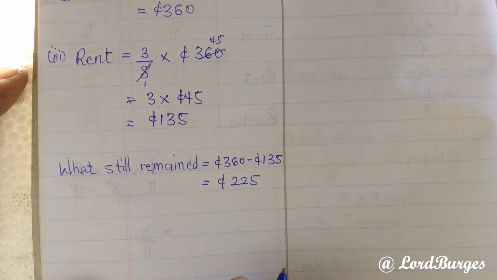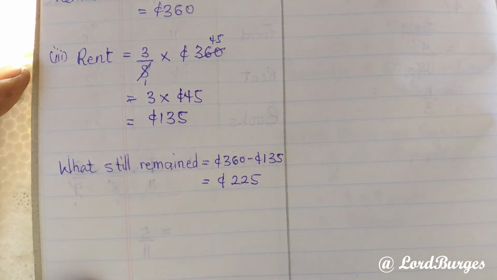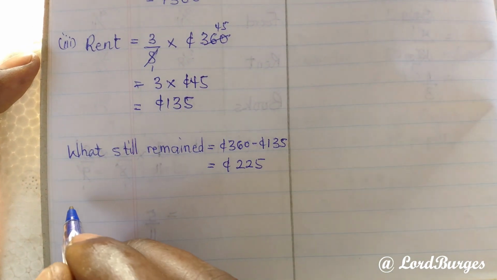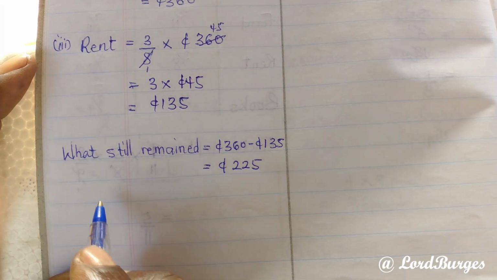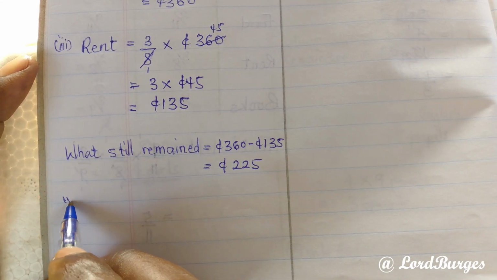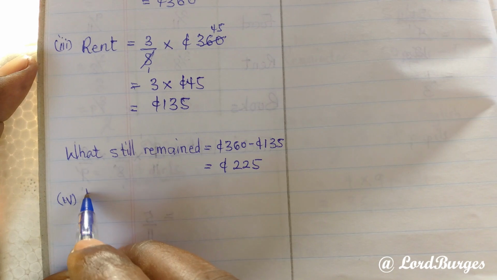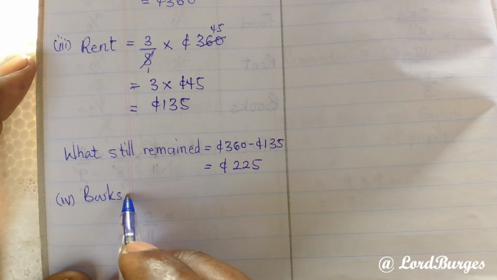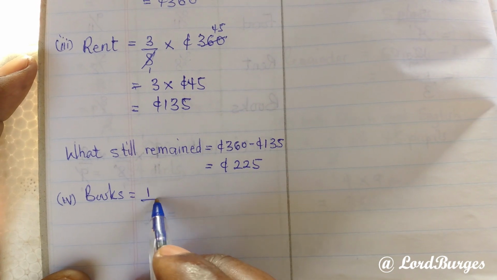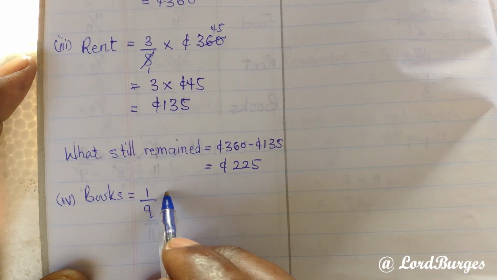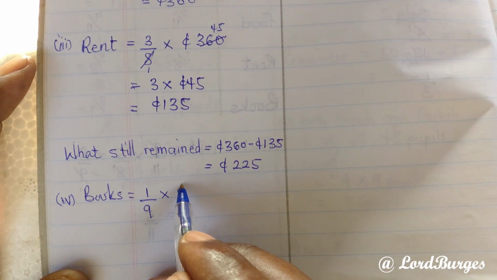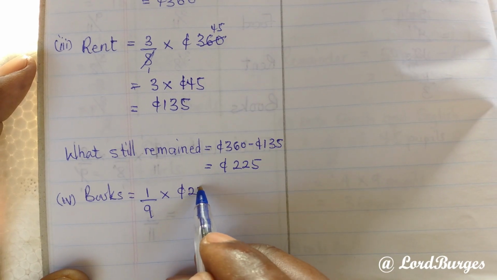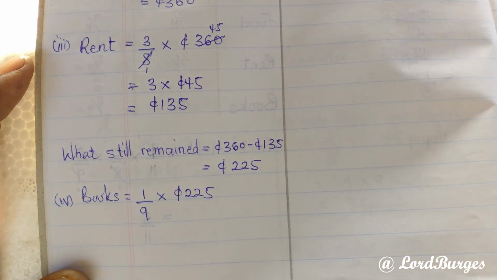Now the last one, which is books. Therefore, books will now become 1/9 of what still remained, which is 225.